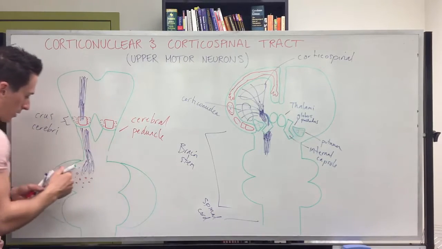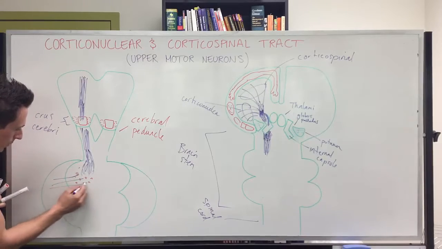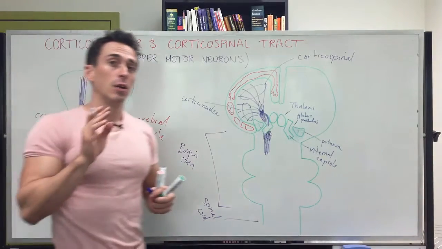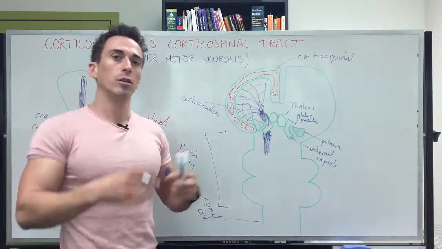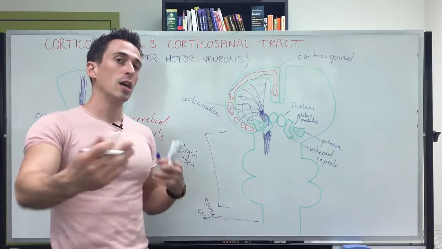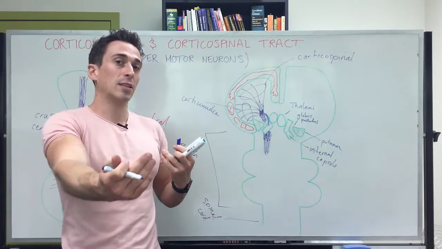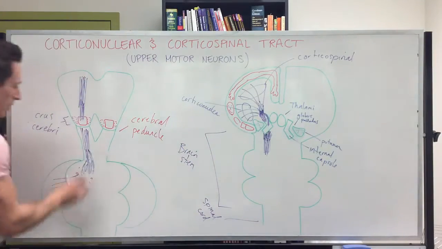And some of these fibers can synapse and then send a signal to the cerebellum. Why the cerebellum? Because it's involved in balance, coordination, tone, and proprioception. So sometimes we need to send motor signals there just so we can get this signal back to tell us whether we need to change that motor movement a little bit. That's why it fans out.